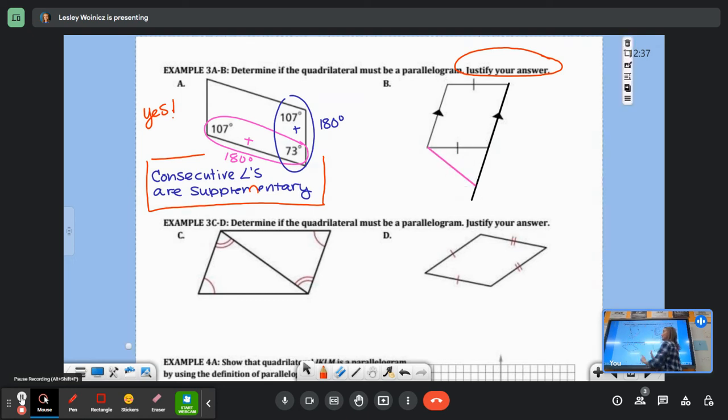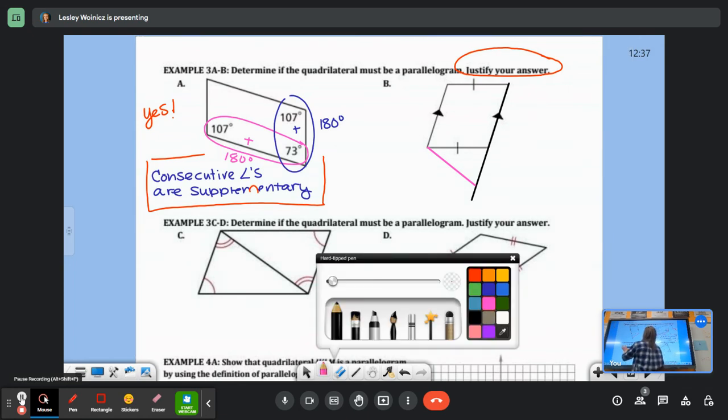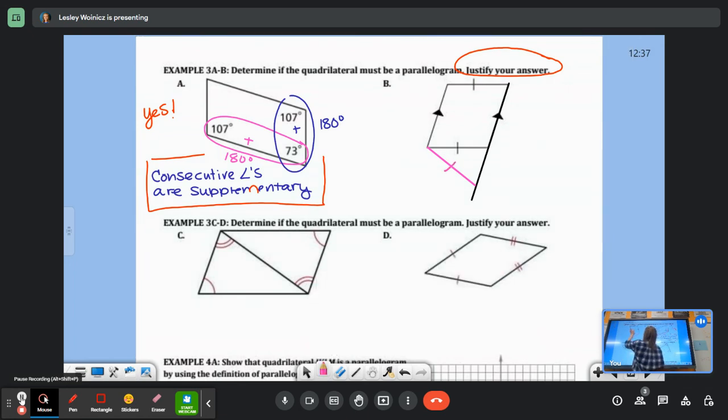Okay, so I didn't change the length of that side. That length is still the same, so this side is still congruent to that one. But do you see that it can have two possible positions and these sides can still be parallel? Do you see it? Yeah. Okay, so this one is actually a no.